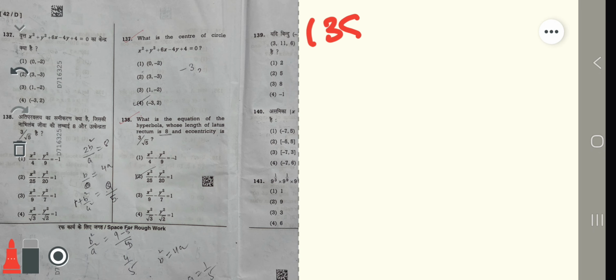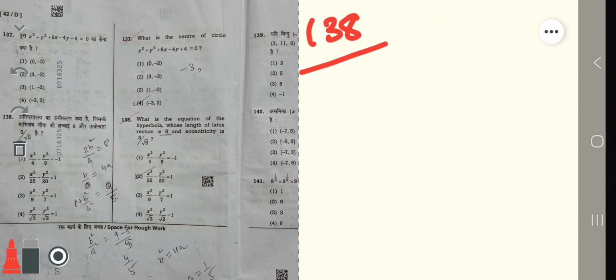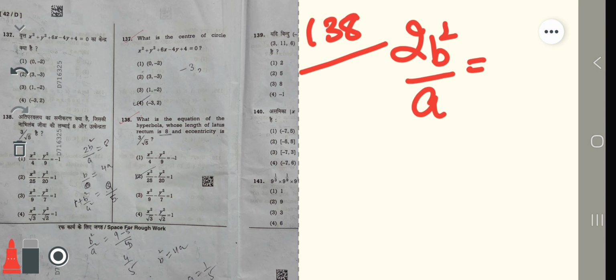Question number 138. What is the equation of hyperbola whose length of the latus rectum is 8 and eccentricity is 3 upon root 5? Firstly, we have the formula for the length of the latus rectum, which is 2b square by a. And what is the given length in the given condition?